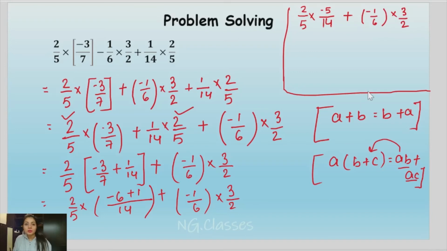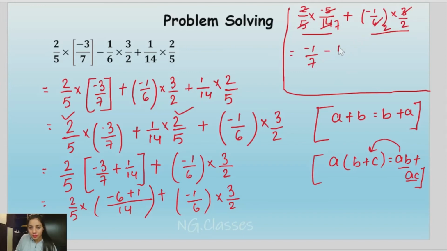Now again BODMAS says solve multiplication first and then addition. So we will solve this multiplication and this multiplication first. 5 and 5 will cancel each other. 2, 7. We'll get 1 by 7 here, minus 1 by 7, and here we'll get minus 1 by 4.